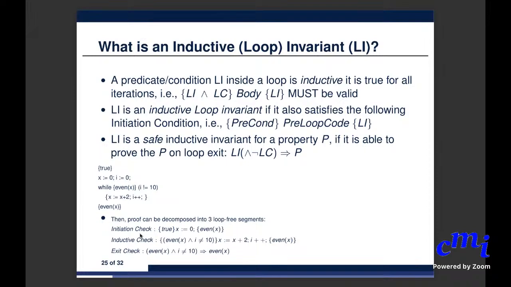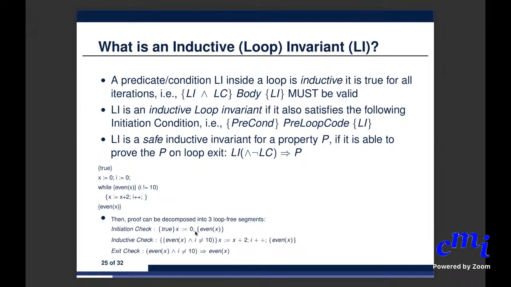The first part is called the initiation check. You have to prove that after you execute the pre-code, the code that appears before the loop, starting from the entry point of the program, the loop invariant is true.